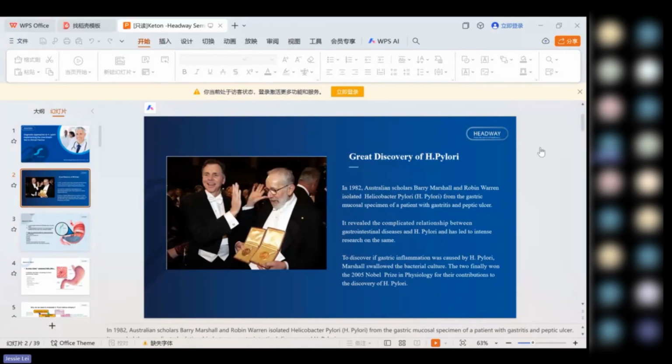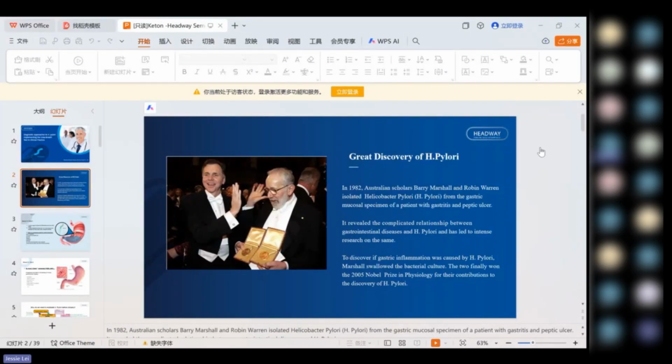In 1982, Australian scholars Barry Marshall and Robin Warren isolated H. pylori from the gastric mucosal specimen of a patient with gastritis and peptic ulcer. It revealed the complicated relationship between gastrointestinal diseases and Helicobacter pylori.